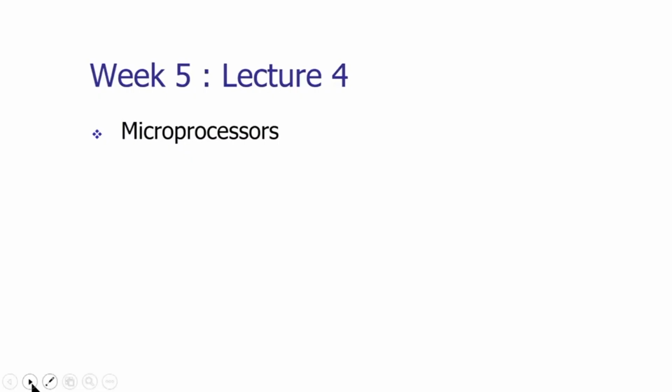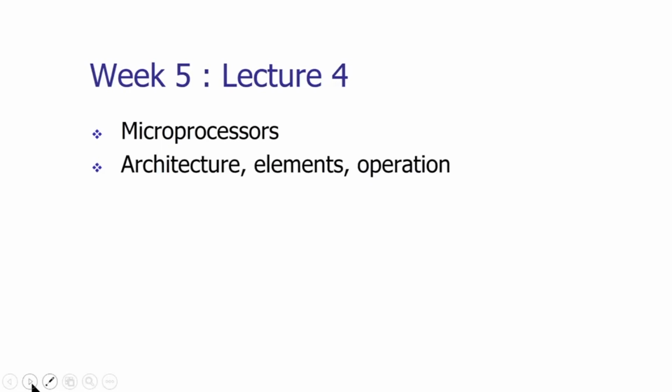In lecture 4 of week 5, we will be studying microprocessor technology, that is the brain of a mechatronics based automated system. We will see the definition of a microprocessor system and its architecture, which has a variety of elements, and we will see the functions of all the elements.